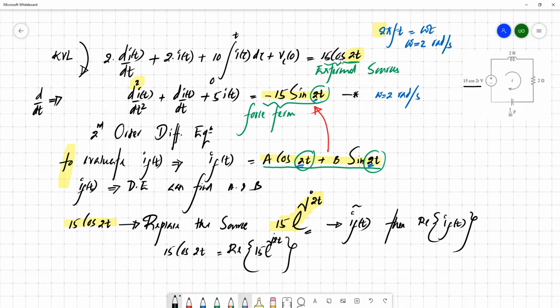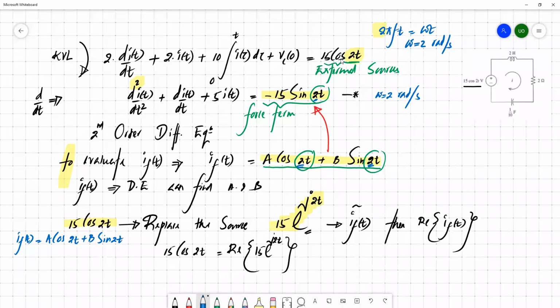The idea here is, if you have cosine as a force term, your trial solution would be something like a cos 2t plus b sine 2t.